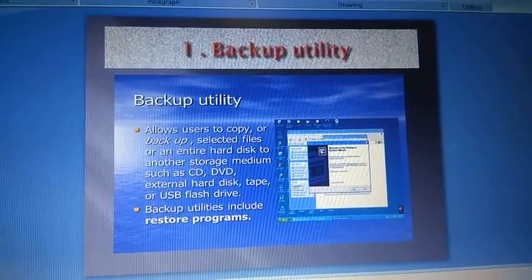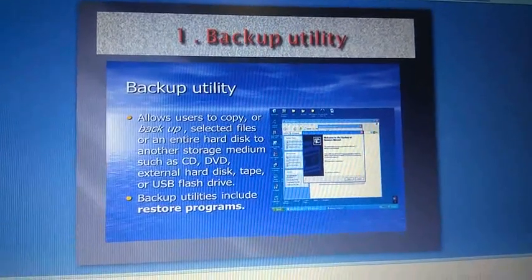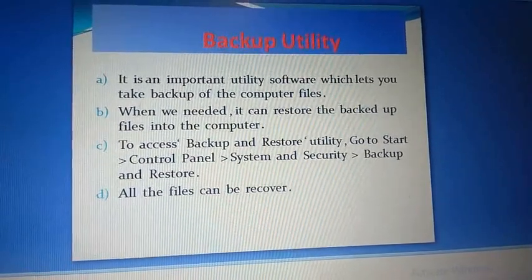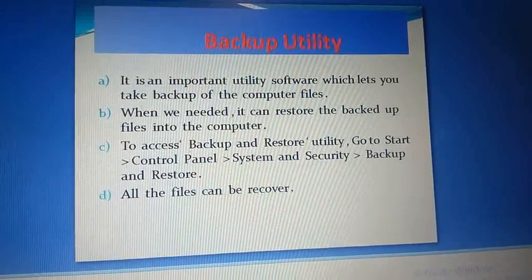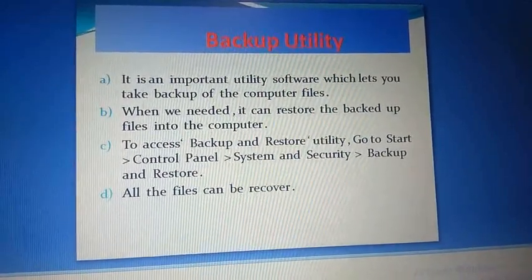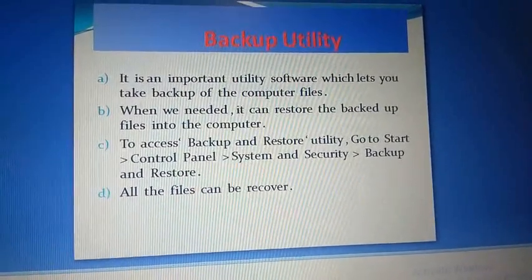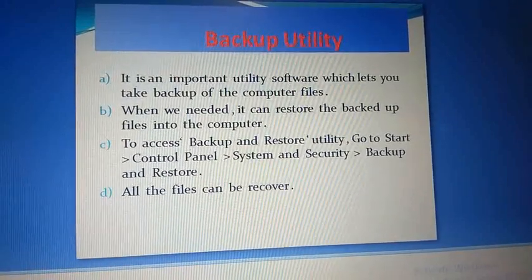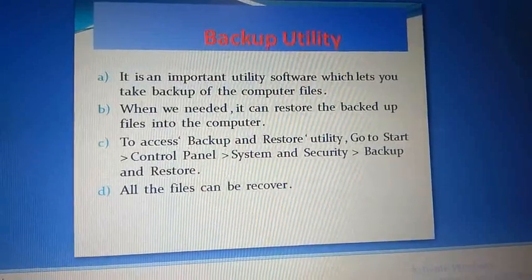Backup utilities include restore programs. It is an important utility software which lets you take backup of the computer files. When needed, it can restore the backed up files into the computer.